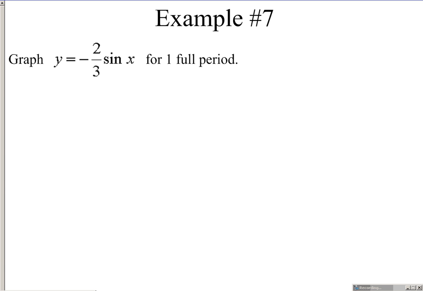Y equals negative 2/3 sine x for one full period. Amplitude, 2/3. Period, 2 pi. Increment, 1/4 of the period.